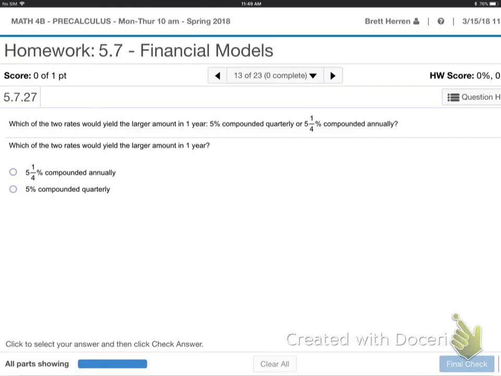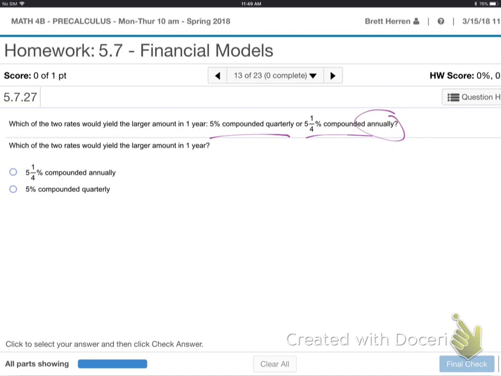So number 13. Which of the two rates would yield the larger amount in 1 year? 5% quarterly or 5 1/4 annually. So how do you compare two things and know which one's really better? Say you can invest in this one account, it's 5%, but we do it quarterly. The other one is 5 1/4%, a little higher, but we do it not as often, annually.